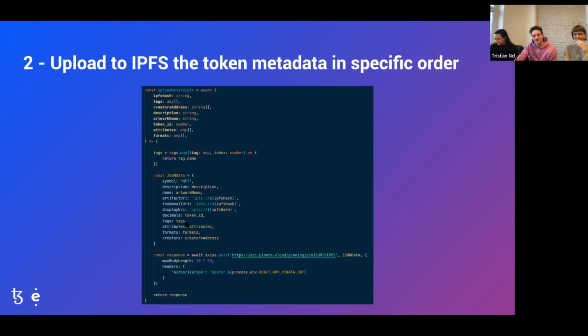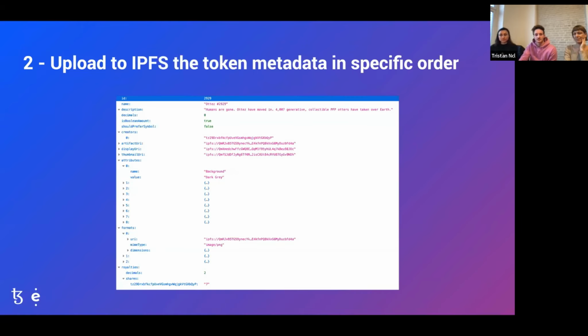Then we have the different tags that you can put to your image, the attributes, in case you want to do, for example, auto-generated NFTs, then the formats of all the different files that you're pinning, and then the creators of this NFT.